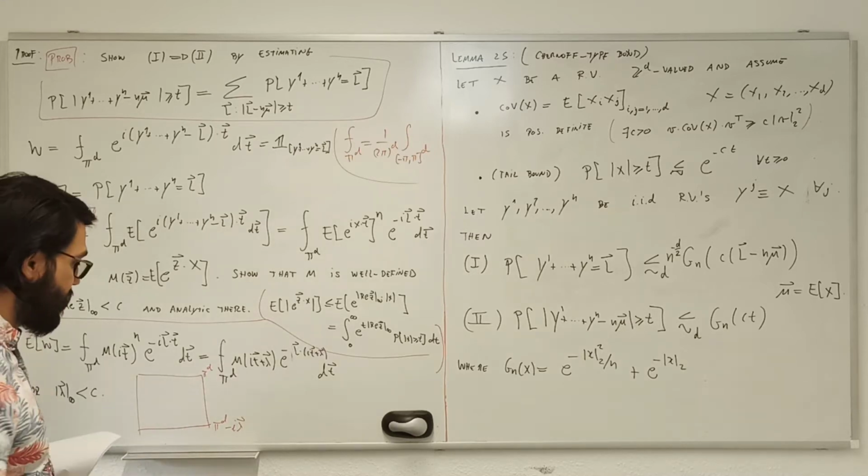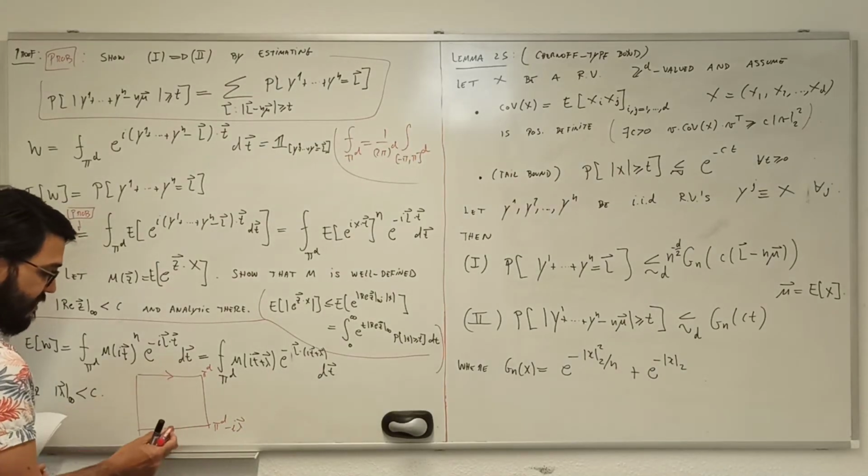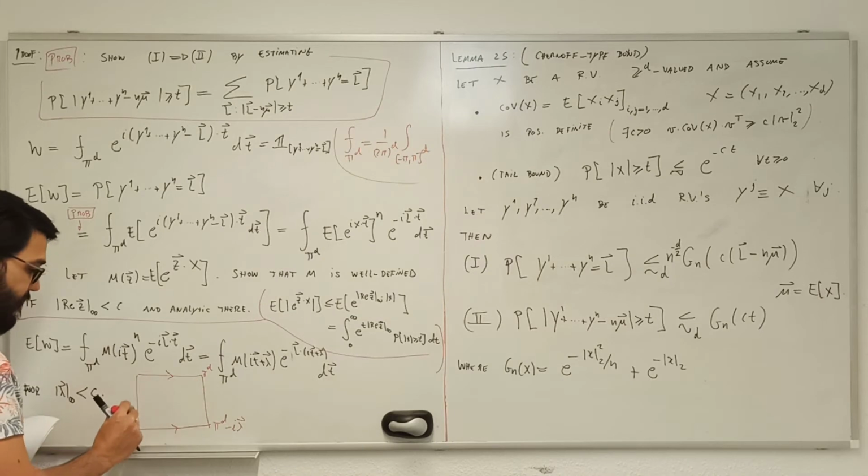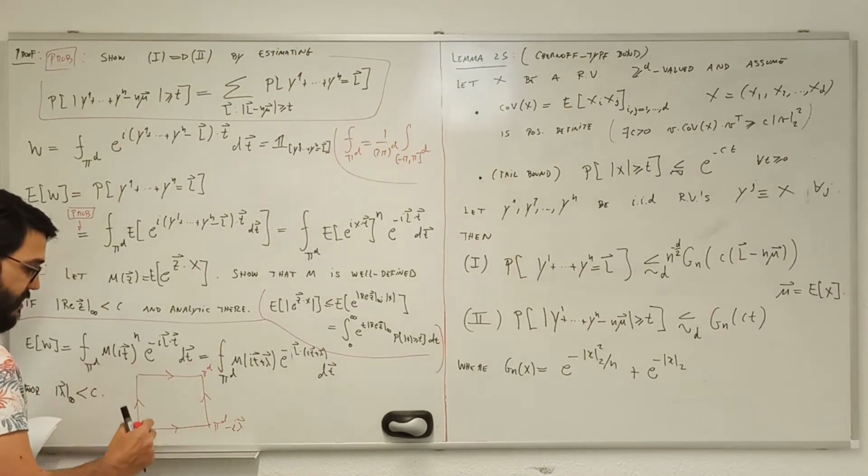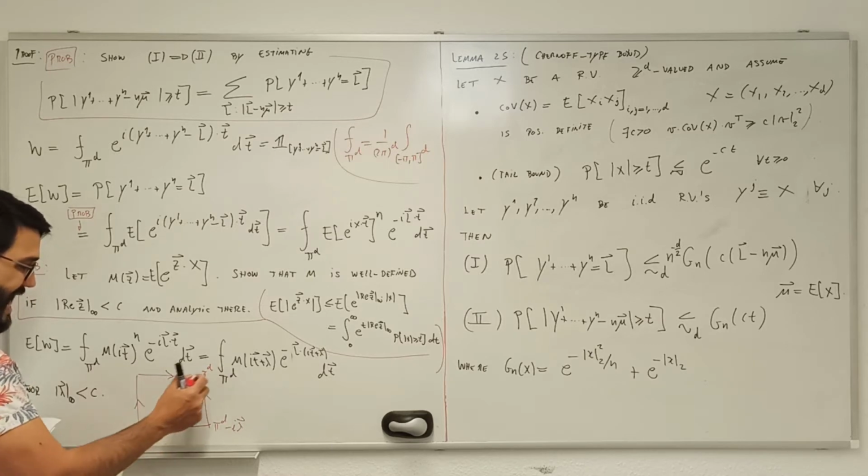So that would be the integral. And why does this integral here equal that integral? Well, first of all, this path here and this path here start and end in the same point.